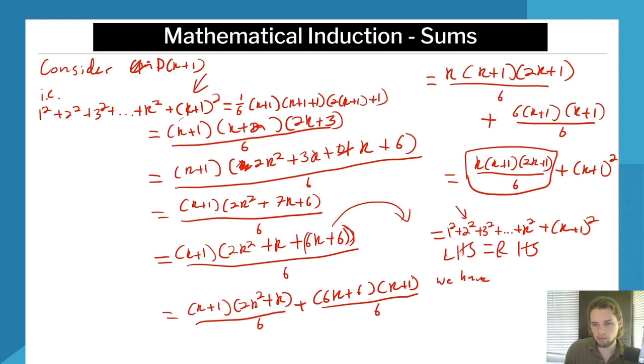Some teachers teach you a really specific way to write it that you can just memorize, so it's easy. I'm going to write it like this. We have proven Pn is true for P1, and if true for our assumption, which is PK, then true for PK plus 1.